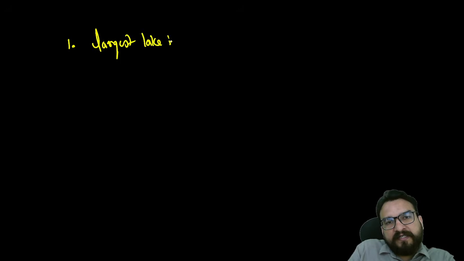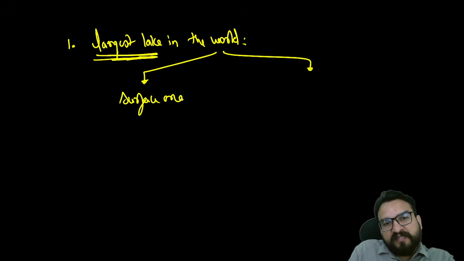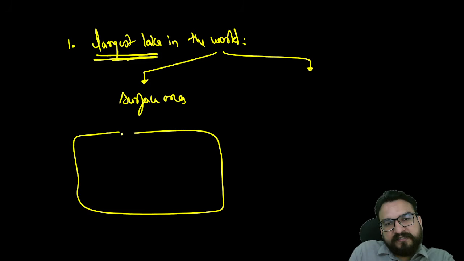See, guys. 3 or 4 questions can be made over here. Largest lake, you can directly write it in your notes. Largest lake in the world. Now this largest, if they are only saying a lake in the world, can be of 2 types. One by surface area. Surface area means only this, right?